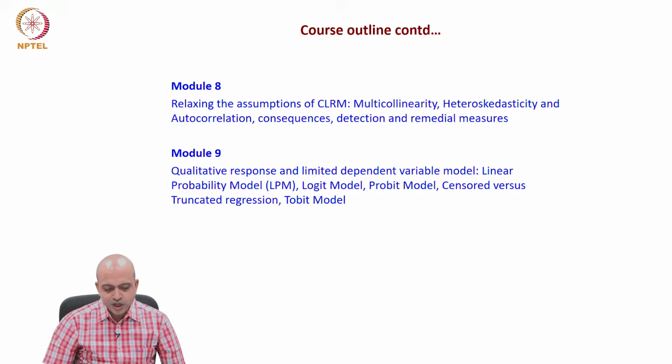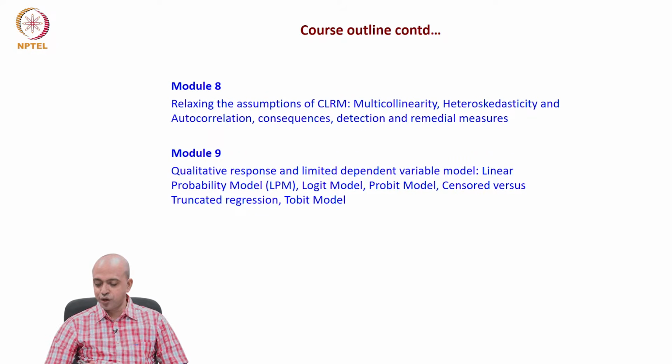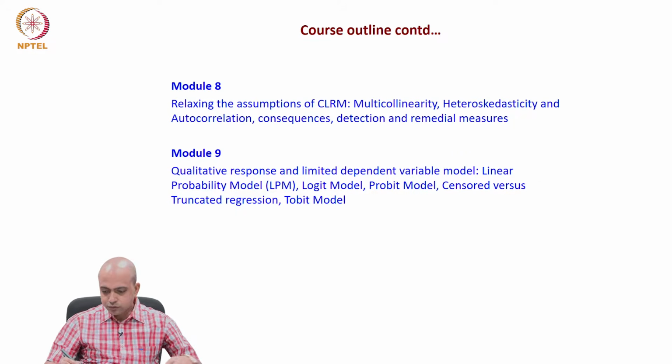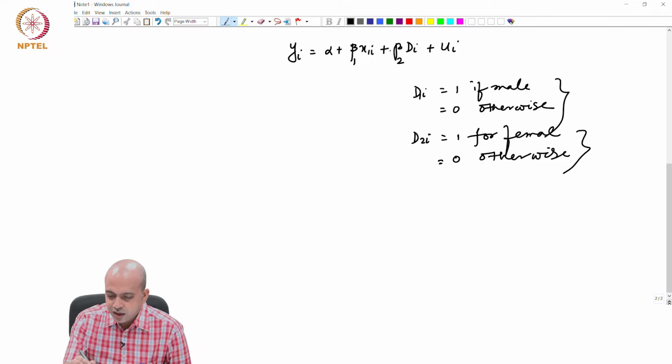Then this is going to be our last module, module 9. Here we are going to discuss qualitative response or limited dependent variable models. For an example, when we talk about the dummy variable, here we say that your dummy variable is an explanatory variable.